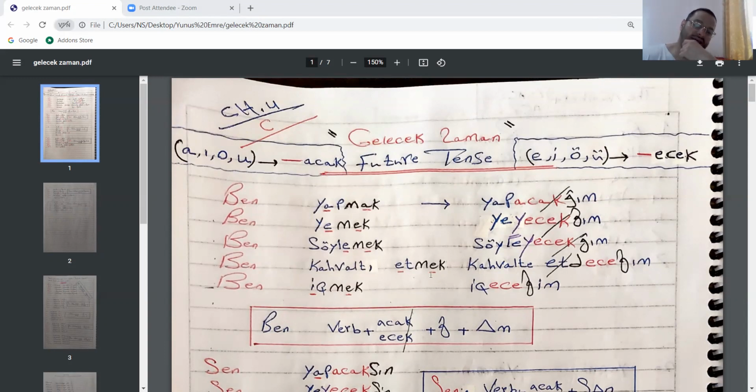Here, etmek has two meanings. The first one, prepare this breakfast. The second one is eating this meal. And içmek, drink.